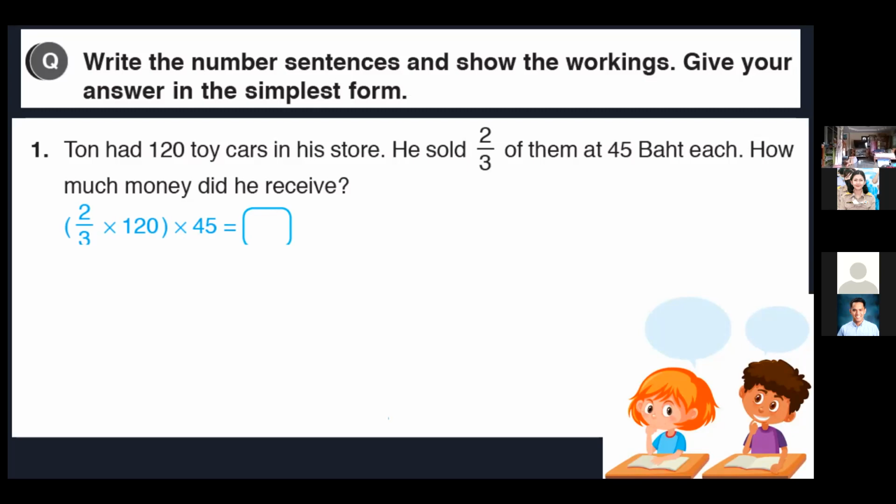This is just multiplication. 120 is 120 over 1. 45 over 1. If you have a whole number, it's like this. 2/3 first.